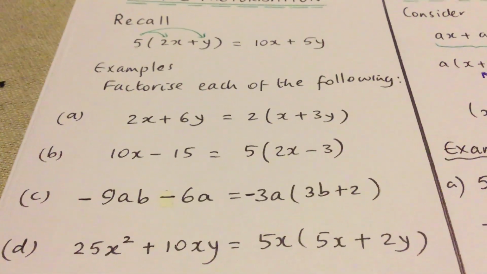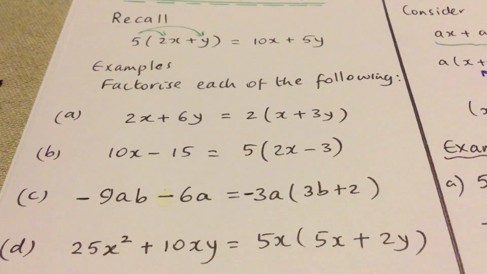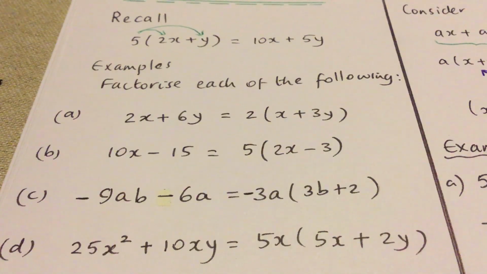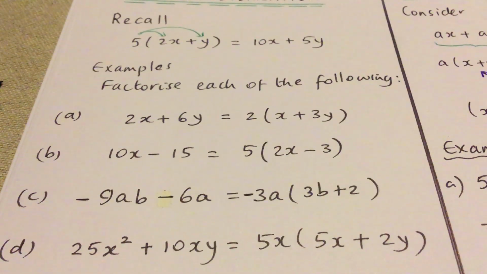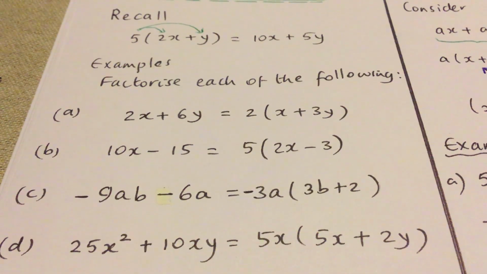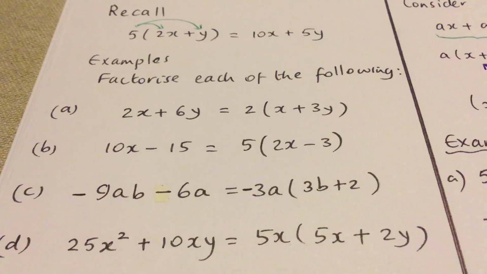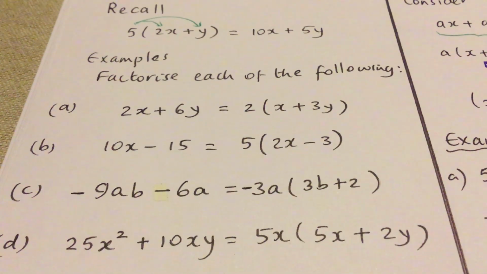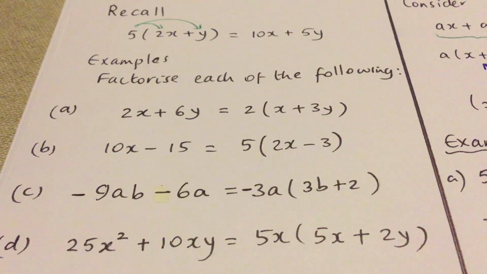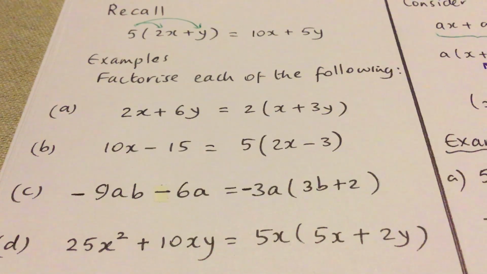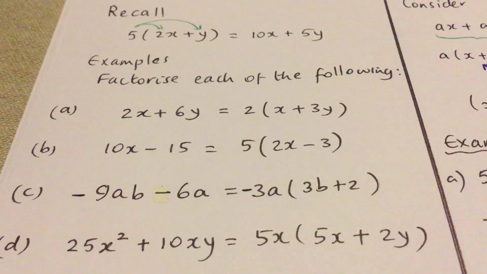Next one, 25x squared plus 10xy. First always look at the coefficients, meaning the numbers. 25 and 10 are both divisible by 5, so that's 5x, and the first term has x squared, the second one has x, so there's only one x to the power of 1 that's common.